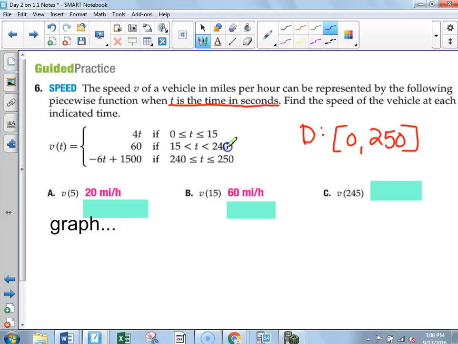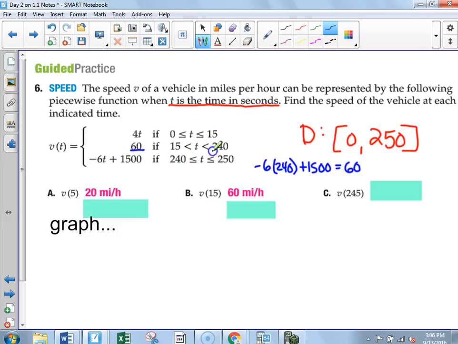Here, I would put 240 in this one. Can somebody type what's negative 6 times 240 plus 1500? It's 60, right? So, is this continuous at 240?